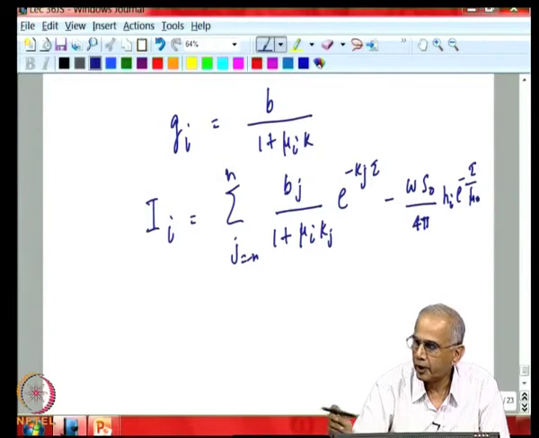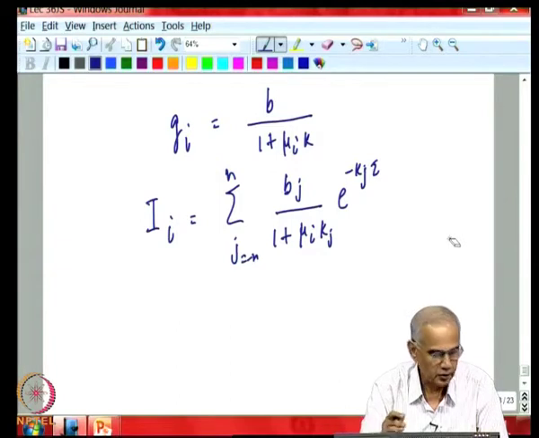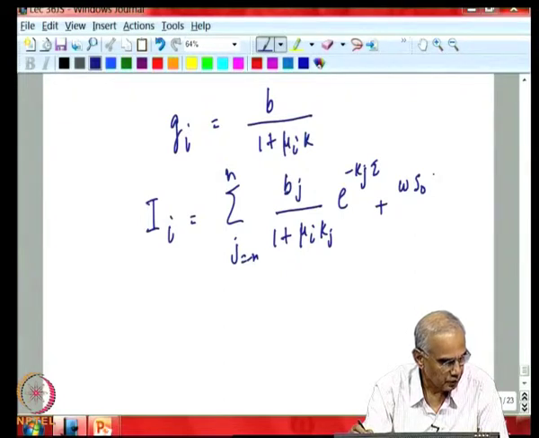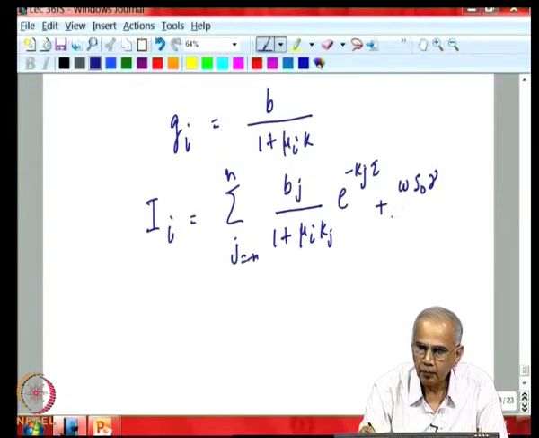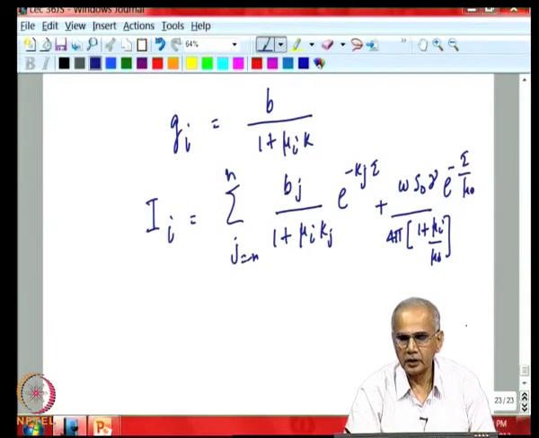the particular integral. I may write down a little more carefully the particular integral here. So, this is the homogeneous solution, and the particular integral actually will be plus omega S0 and a gamma, which I will define now, by 4 pi (1 plus mu_i by mu_0) into e to the power of minus this homogeneous part, and the real task is finding these constants.